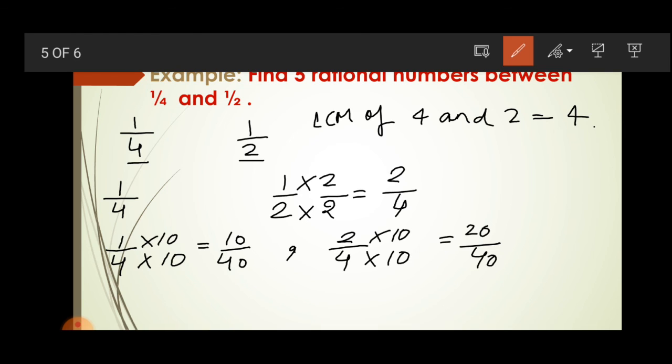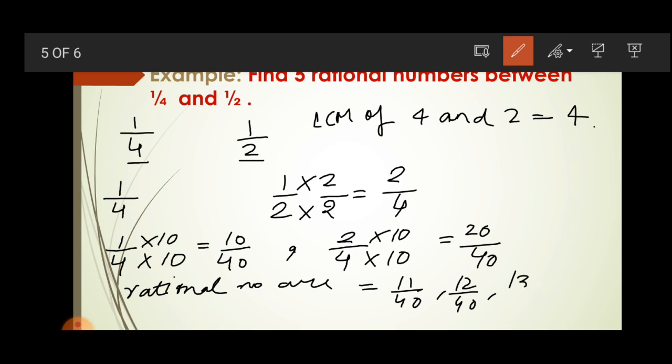So 5 rational numbers between 10 by 40 and 20 by 40 are 11 by 40, 12 by 40, 13 by 40, 14 by 40 and 15 by 40.